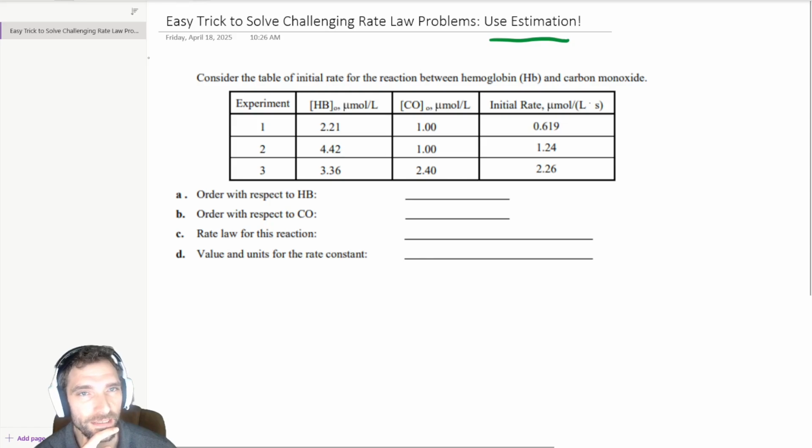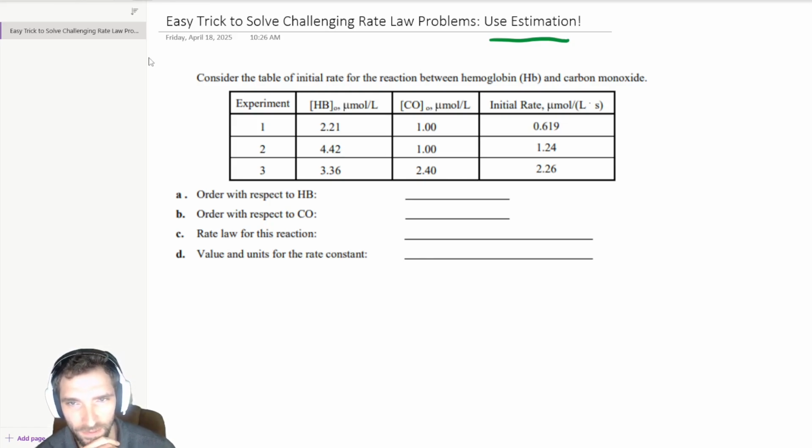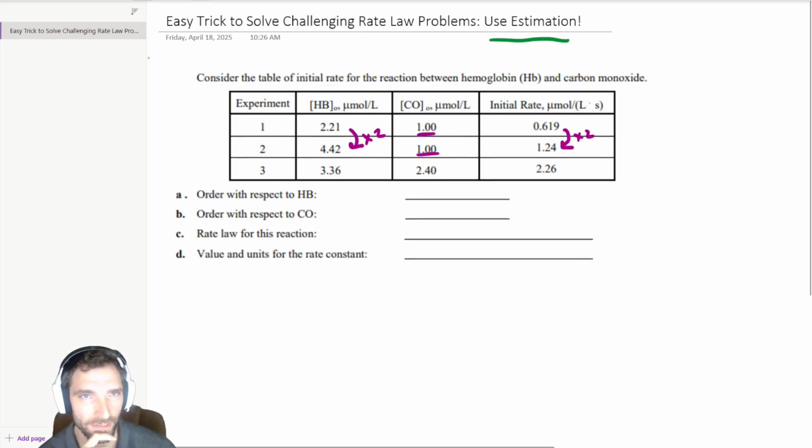If we're just looking at this problem right here, they usually will give you some case where something is held constant and you can see the change and its impact on the rate. So here, if I've doubled up the concentration, it looks like I've doubled up the rate.